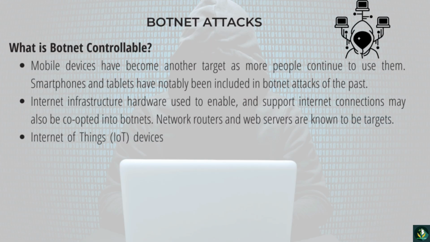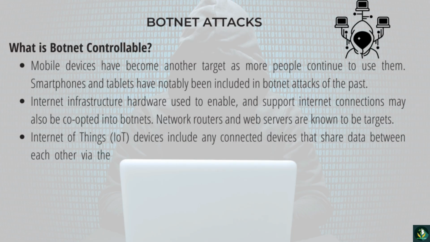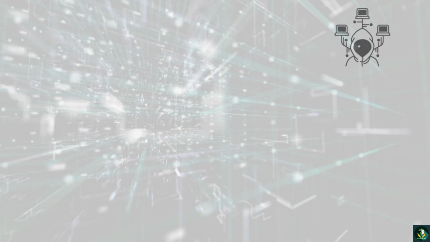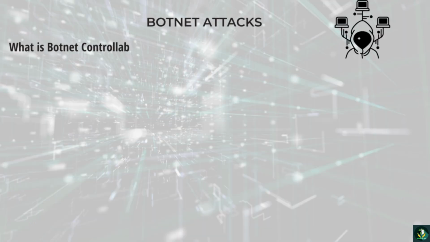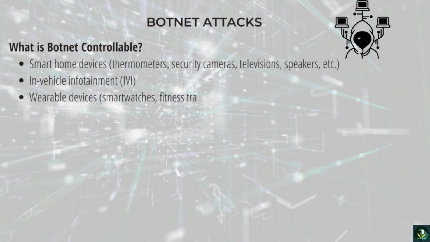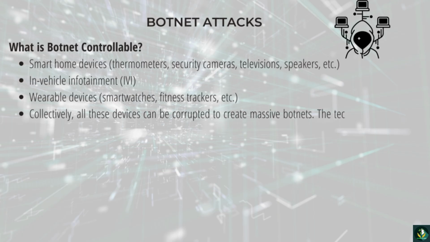Internet of Things, or IoT devices, include any connected devices that share data between others via the Internet. Alongside computers and mobile devices, examples might include smart home devices, thermostats, security cameras, televisions, speakers, etc. In-vehicle infotainment, IVI, wearable devices, smartwatches, fitness trackers, etc. Collectively, all these devices can be corrupted to create massive botnets.